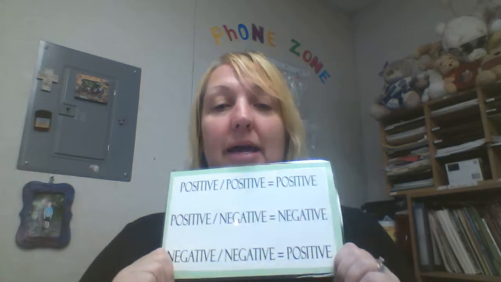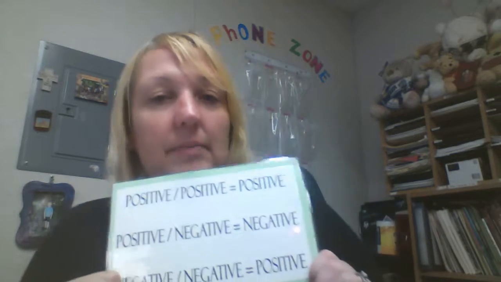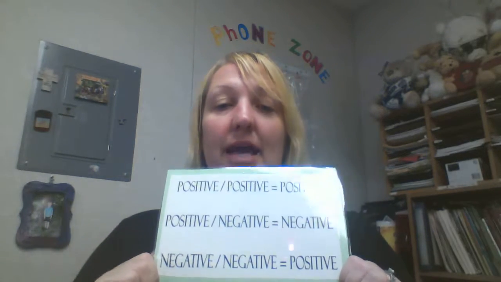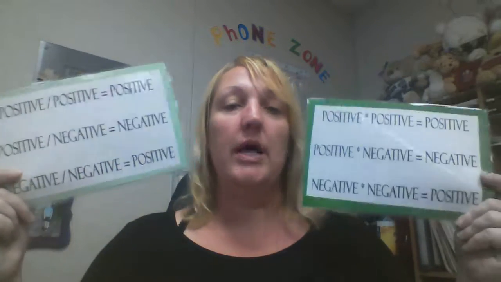Positive divided by a negative or negative divided by a positive is always negative. And then a negative divided by a negative is always positive. Okay? So it's really the ones that you have to just know the rules on, the division and multiplication. So memorize these.